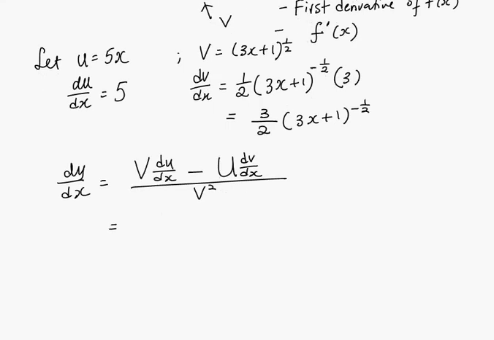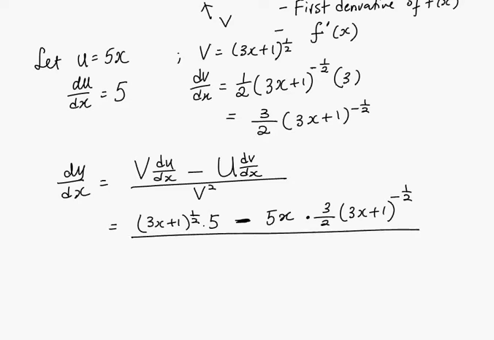So the function v is (3x plus 1) to the power of half, multiply by du/dx, which is 5, subtract u, which is 5x, multiply by dv/dx, which is 3 over 2 (3x plus 1) to the power negative half, over v squared.